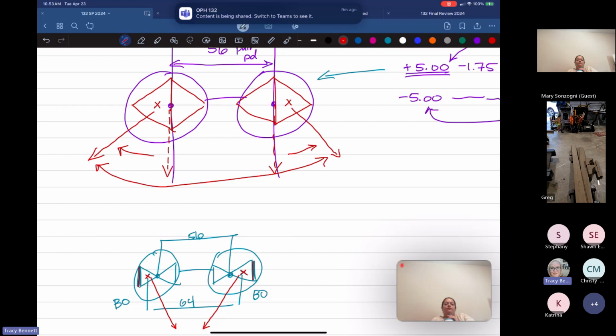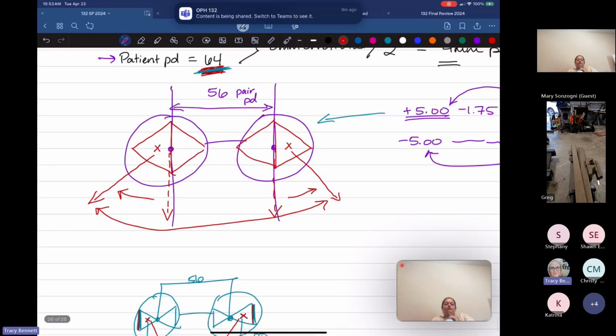So both of these were base in OU, right? So we had base in and base in, and this is a compounding thing. So when it compounds, we add them together. That's why, remembering the last one that we did when we had the prism that was compounding, we added that together to find the total imbalance was 0.9.